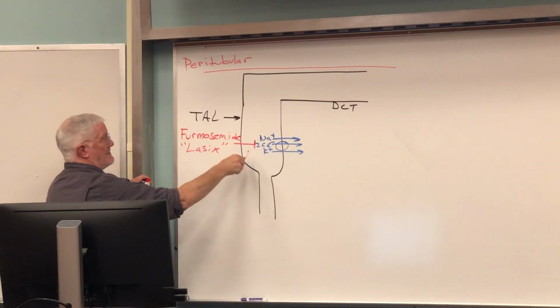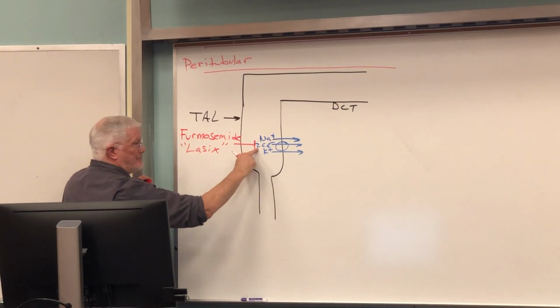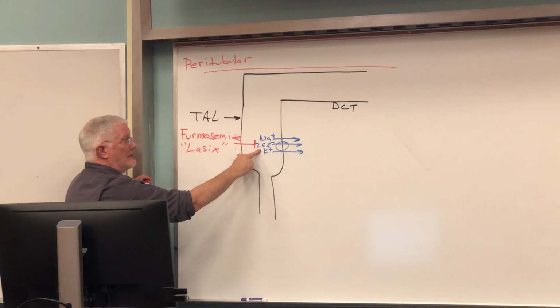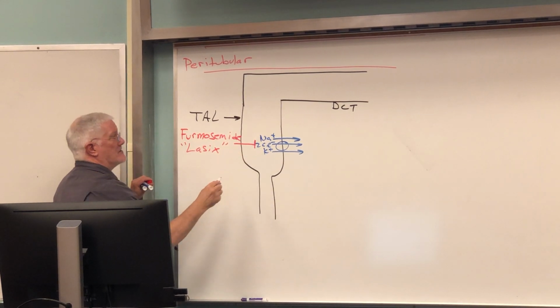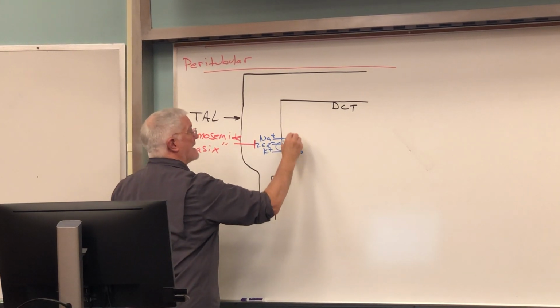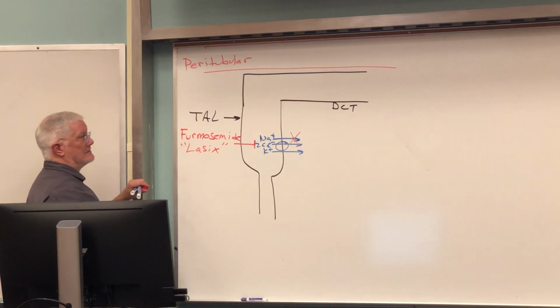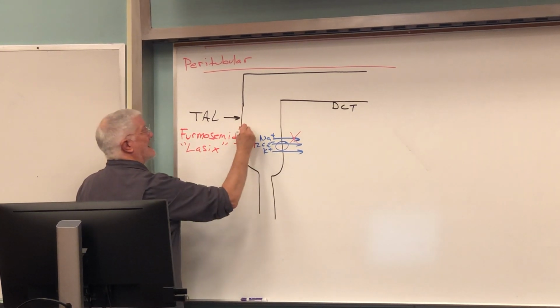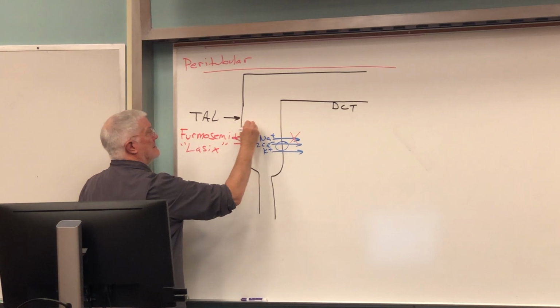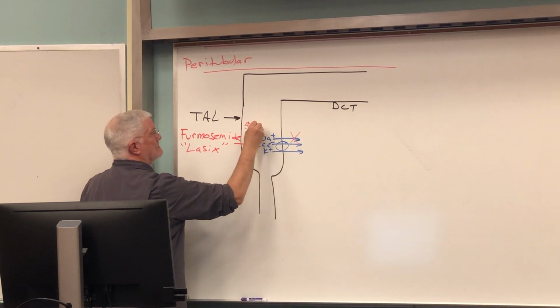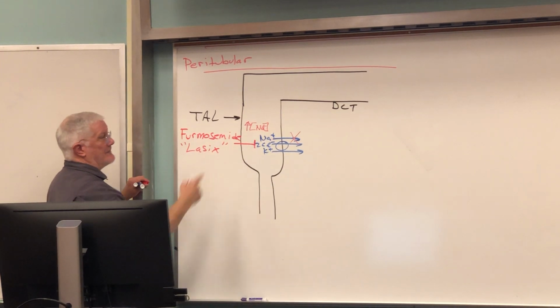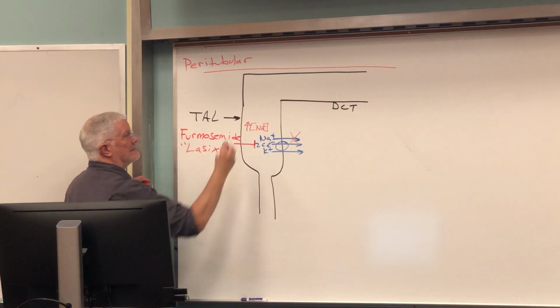So having loop diuretics like Lasix bind to where the potassium wants to go, potassium can't attach, which means I'm not going to get my sodium reabsorption. That means we get an increase in the amount of sodium inside the filtrate, because I'm now reabsorbing less of it.